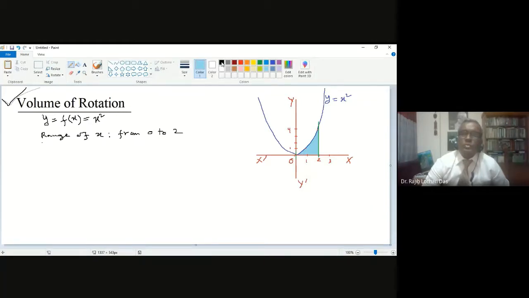So if you rotate this, what will be the shape? The shape will be something like this. Okay, and the rotation will give you a 3D figure like this. Do you understand it?